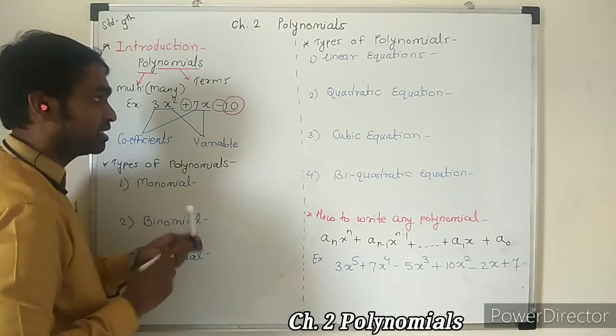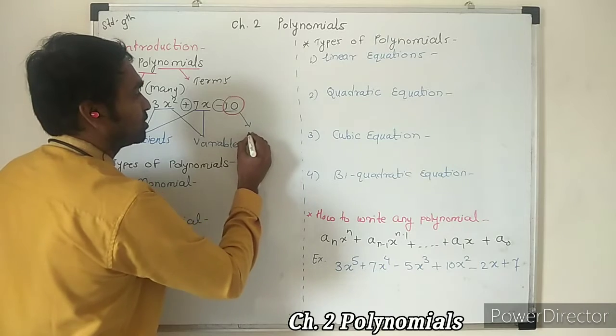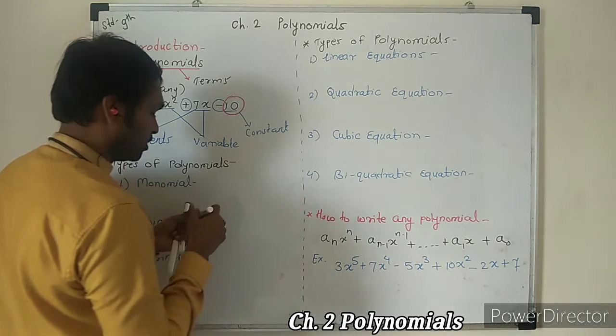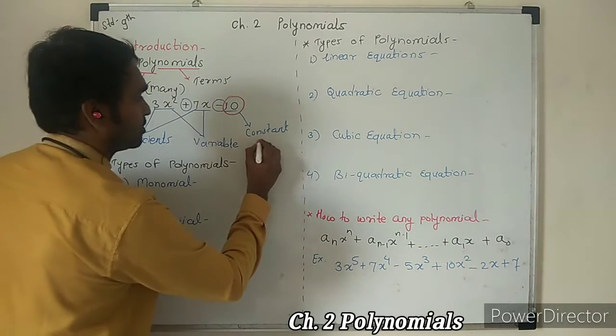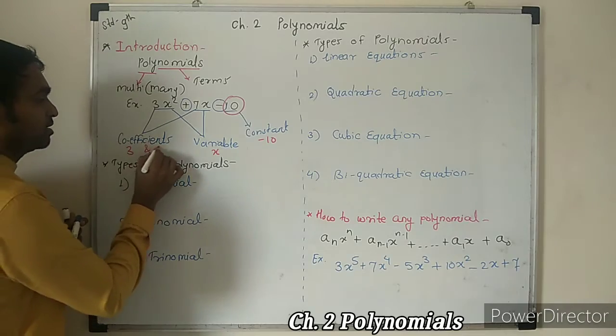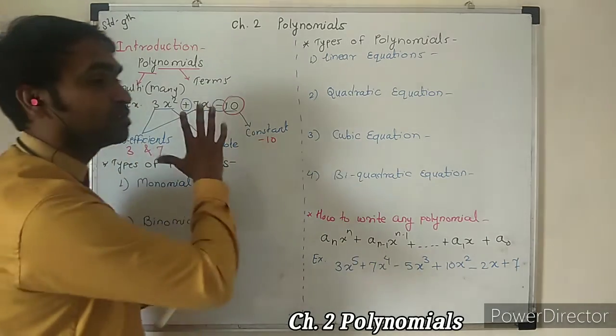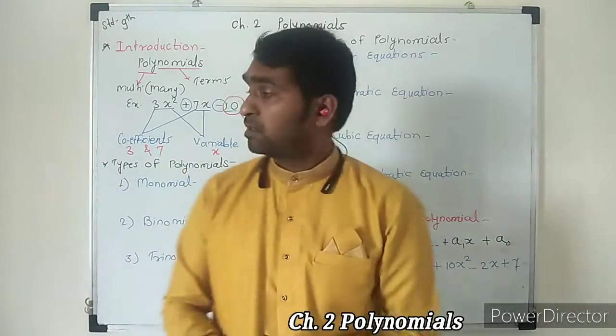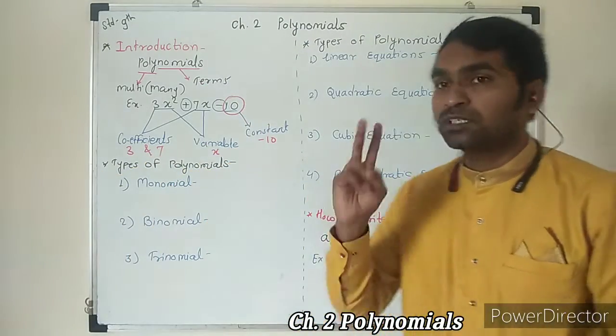Minus 10 is the constant. The variable is x, and here 3 and 7 are the coefficients. Okay, that is a polynomial.